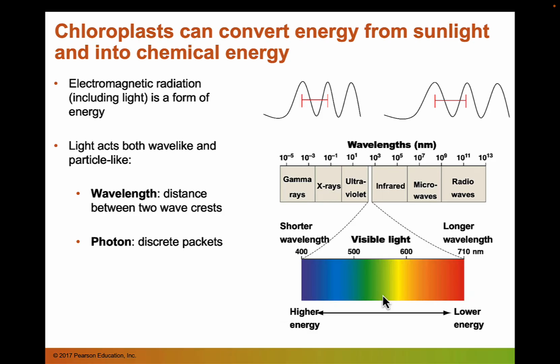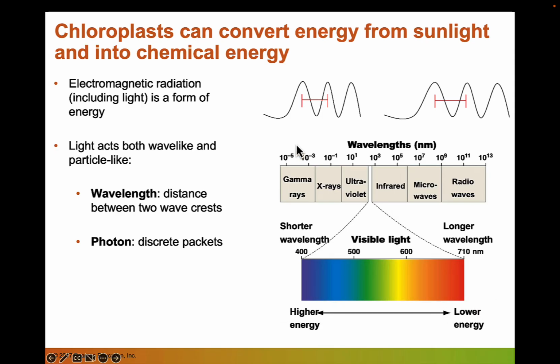And these shorter wavelengths of light, meaning that the distance between the two peaks is shorter, have higher energy. And these longer wavelengths of light, with a greater distance between the wavelengths, have less energy. So this means that blue light has more energy than red light.